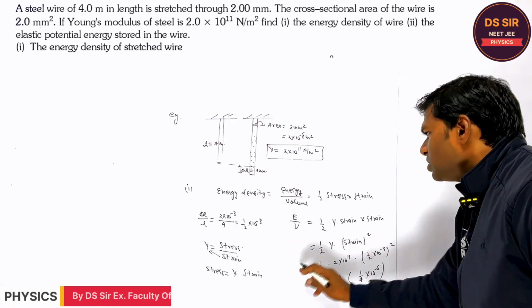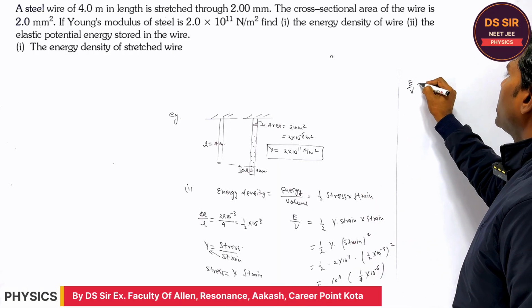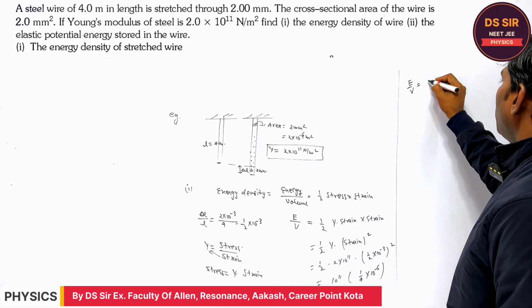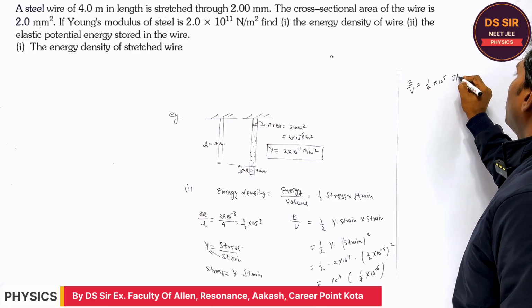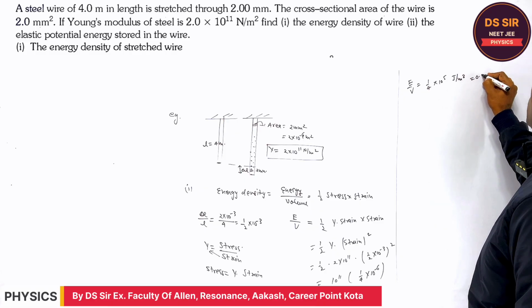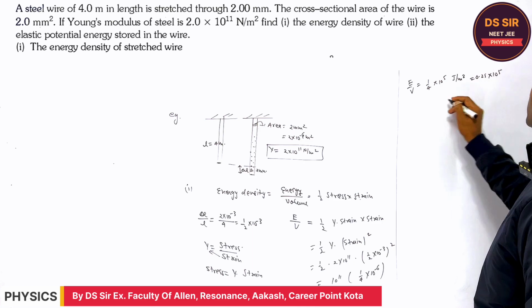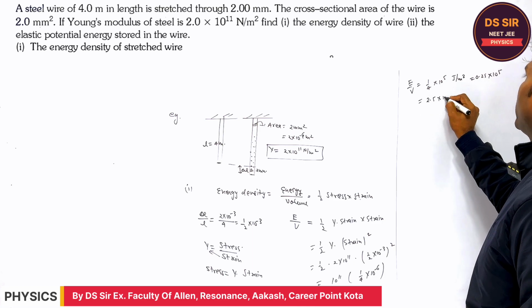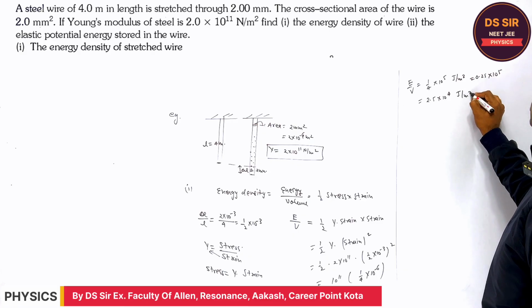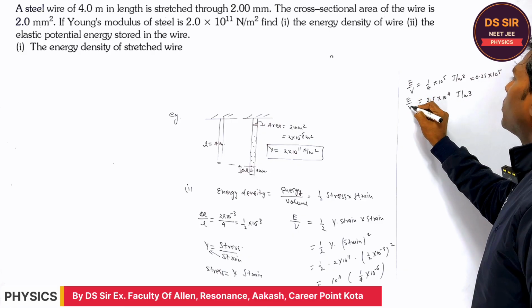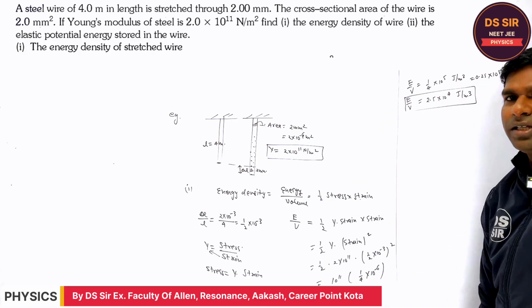So the energy per unit volume, right, is equal to 1 by 4 into 10 to the power 5 joule per meter cube. It is 0.25 into 10 to the power 5, which is equal to 2.5 into 10 to the power 4 joule per meter cube, which is the energy per unit volume, nothing but energy density.